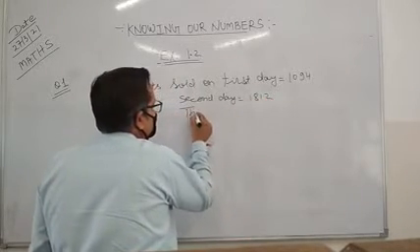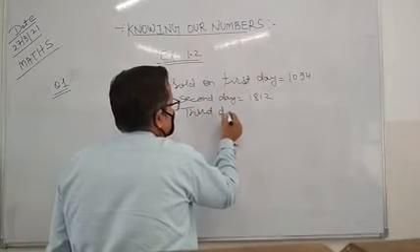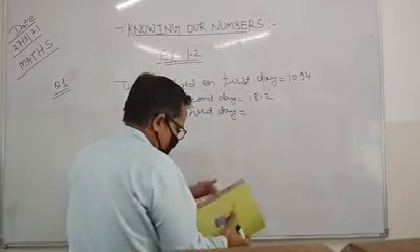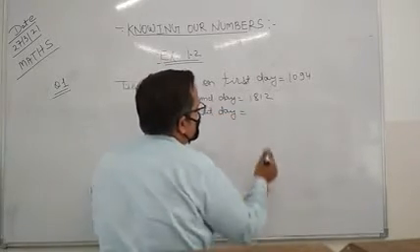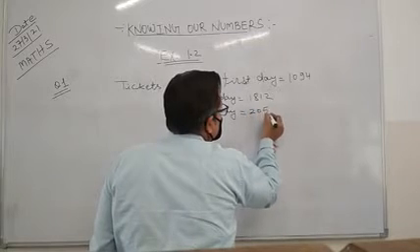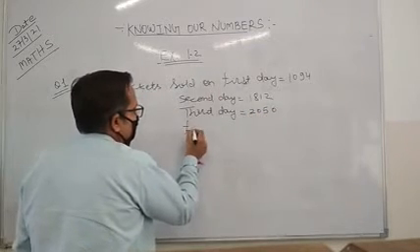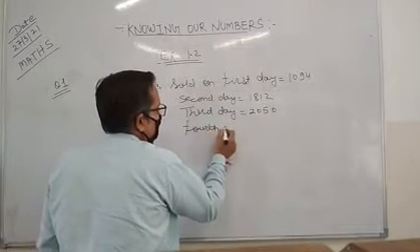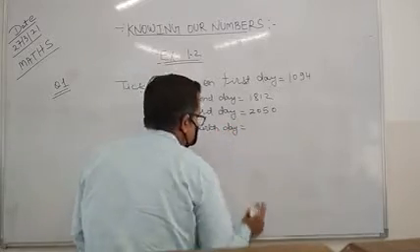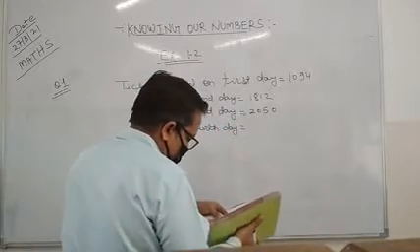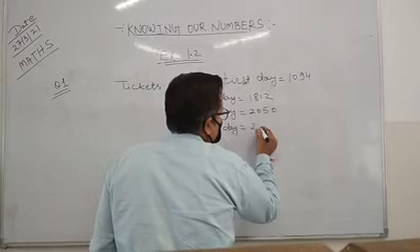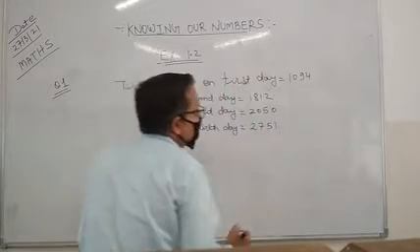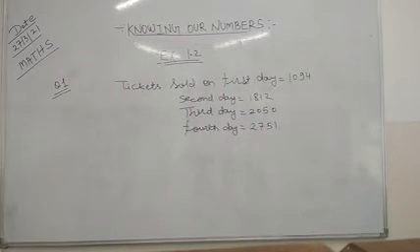Third day, 2050. And fourth day, 2751. Okay, so these are the days on which these tickets were sold.